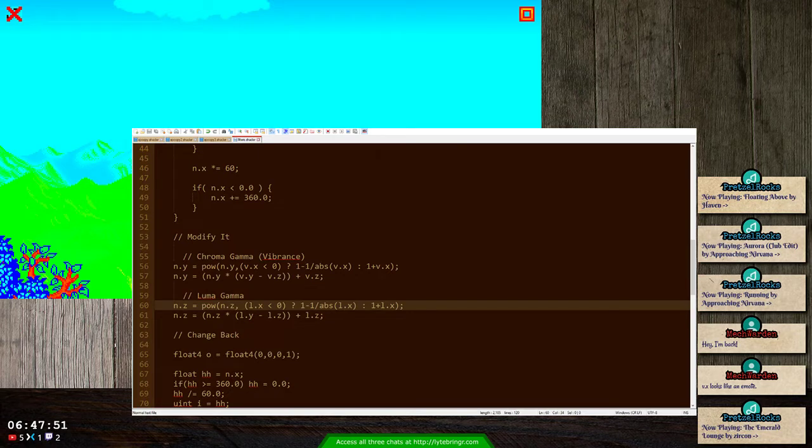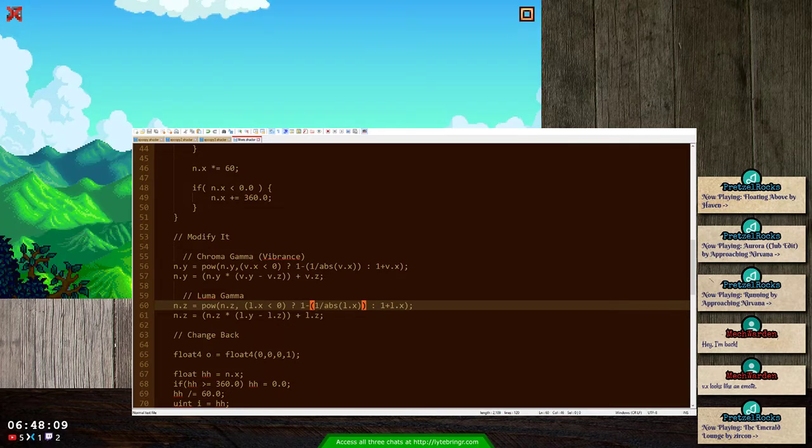And in general, it's having issues. Never assume that it understands precedence. Okay, so this is also not right, because when this is almost 0, this is pretty much infinity, and that's very much not what we want.